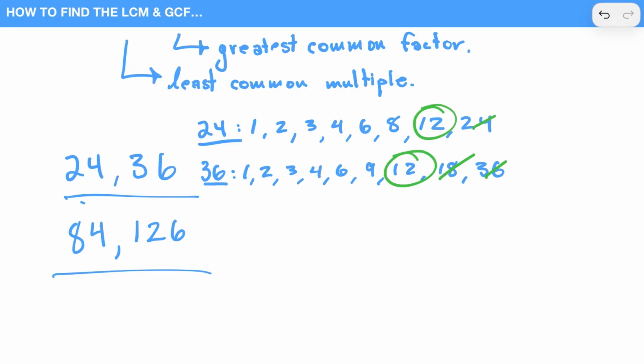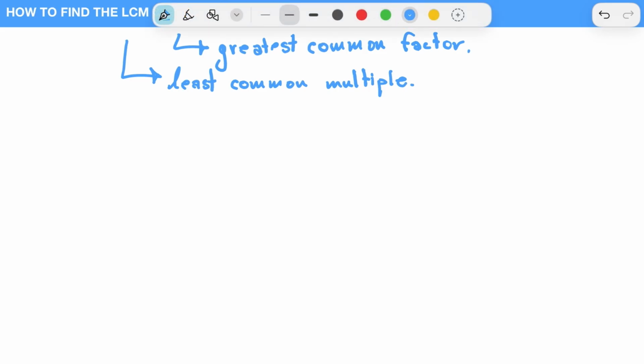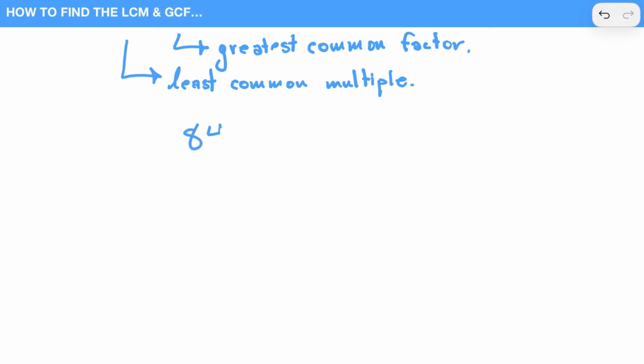How about 84 and 126? I'm going to make some space here. Let's do the prime factorization of these. For 84, we have 2 and 42, 2 and 21, 3 and 7.